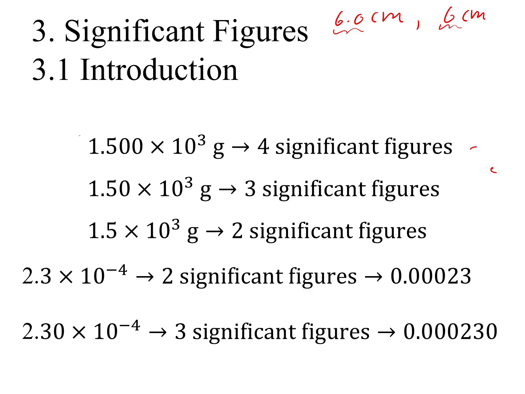Now, when it comes to significant figures, there are some rules that we can use to help count them. The first rule is non-zero digits are significant. So if you have a number like 3.72, then here we have three significant figures.